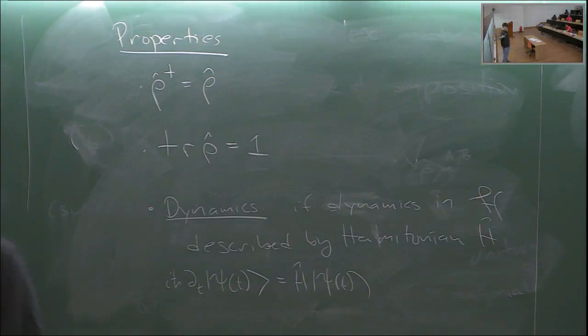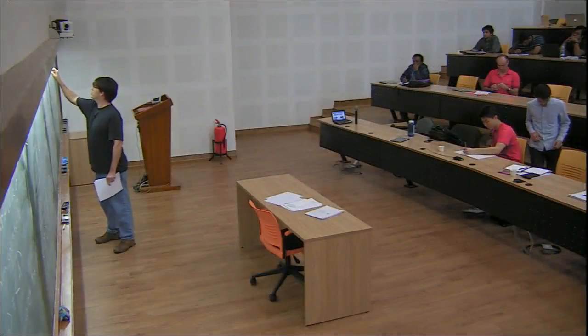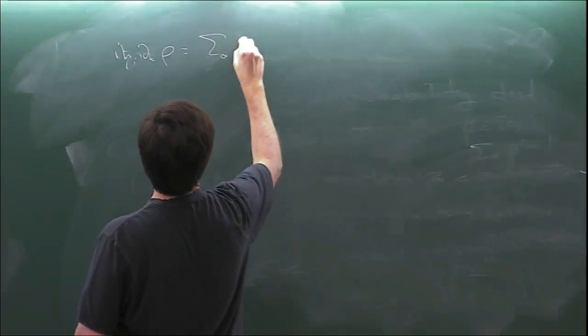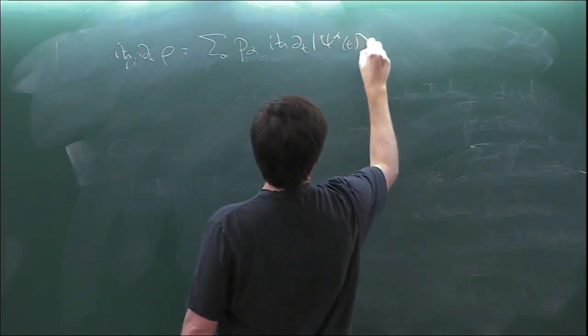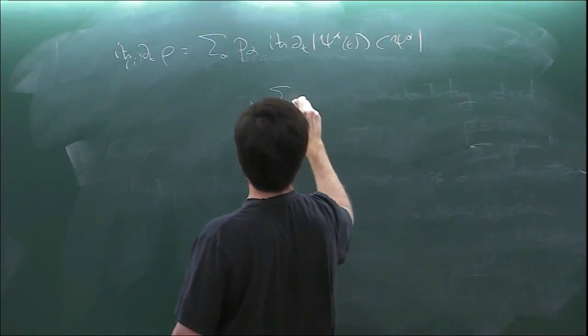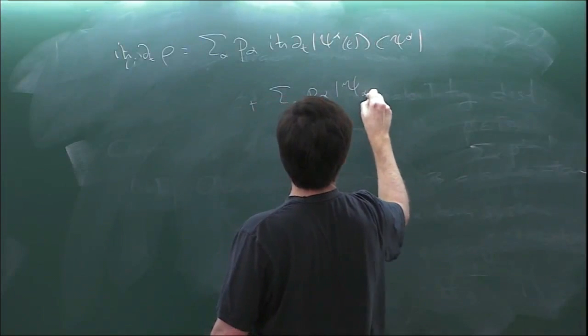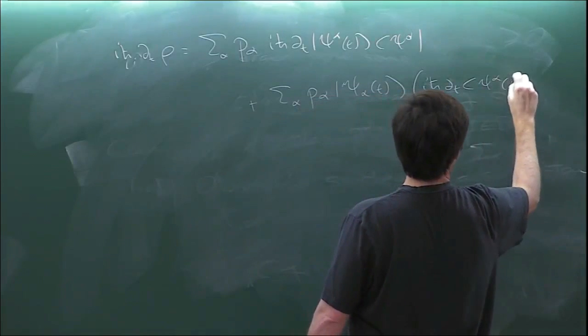Then from this, I get a nice simple evolution law for the density matrix. In this case, this means that i hbar d/dt rho is equal to sum on alpha P alpha i hbar d/dt psi alpha psi alpha, plus sum on alpha P alpha psi alpha of t i hbar d/dt psi alpha of t.